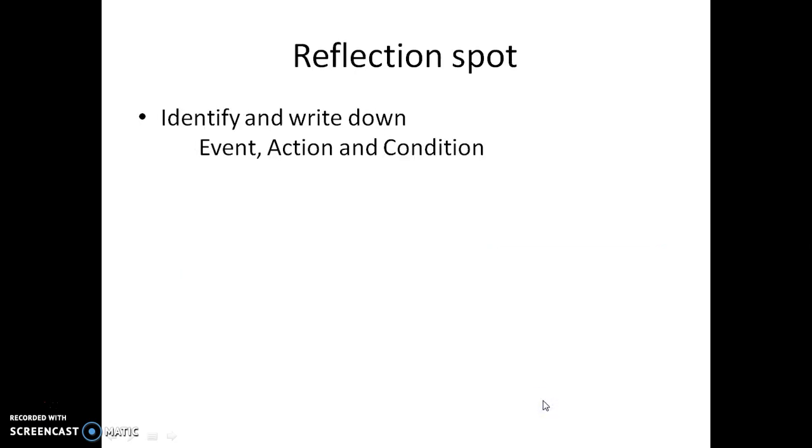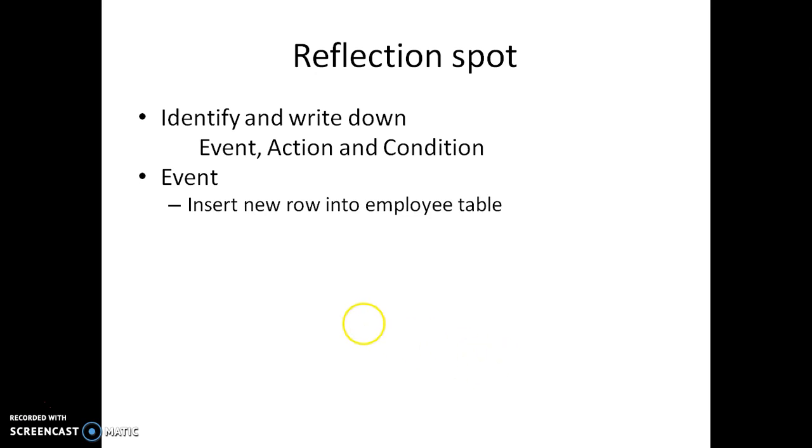Now, think and write this. Identify and write down, in the given scenario, what is the event, what is the action, and what is the condition. You can pause this video and write it down, and after that you can resume this video. The event is inserting a new row into the employee table.